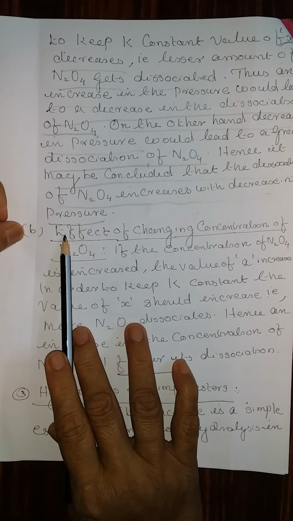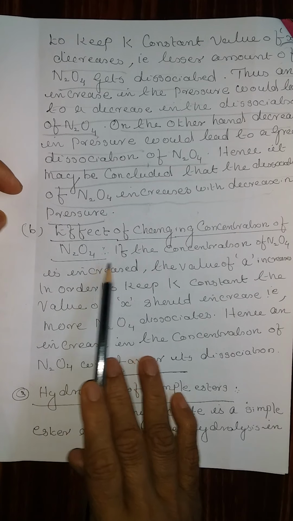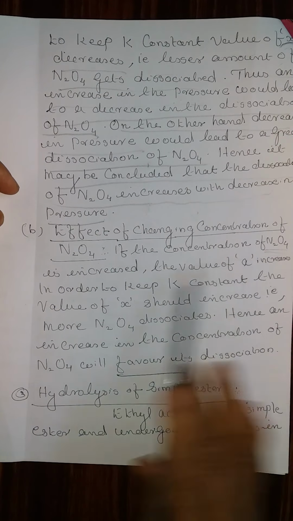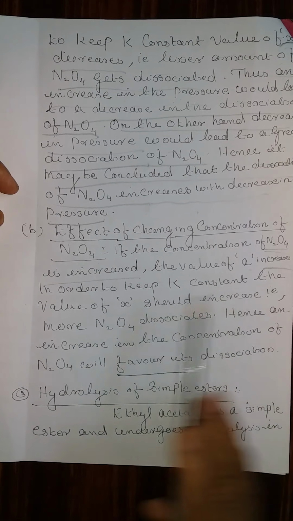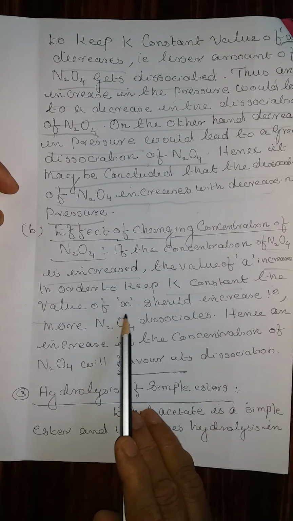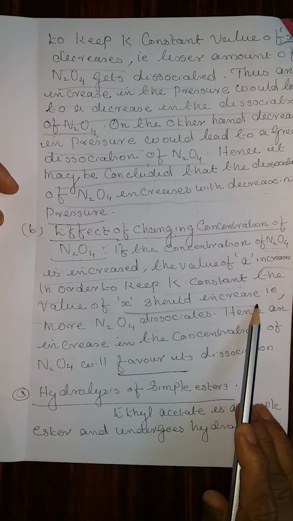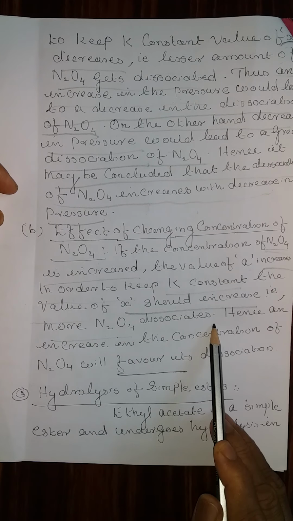Second point, effect of changing concentration of N2O4. If the concentration of N2O4 is increased, the value of a increases. In order to keep Kc constant, the value of x should increase. That is, more and more N2O4 dissociates.